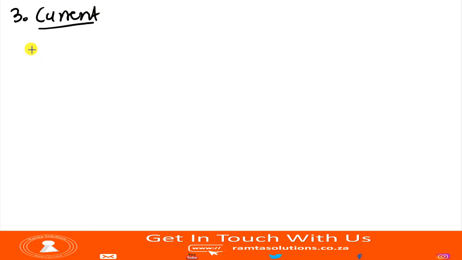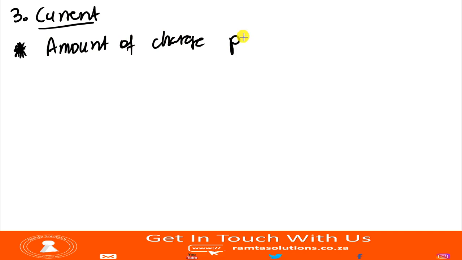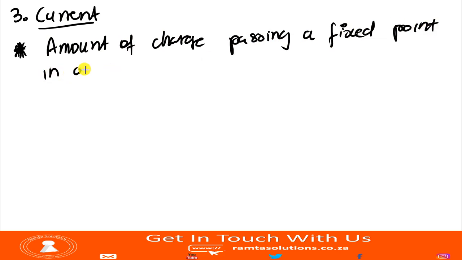The definition of current is the amount of charge passing a fixed point in 1 second.